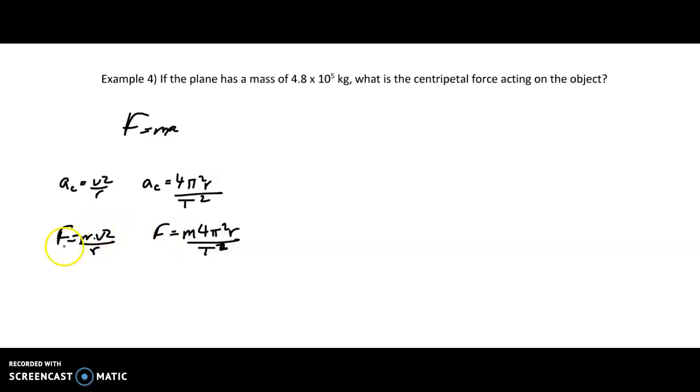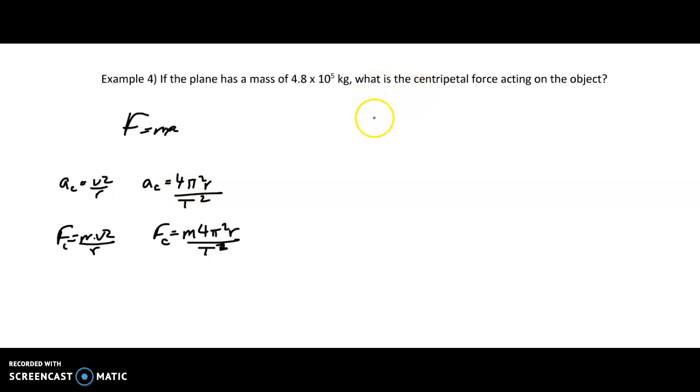Now, these centripetal force formulas are not found on the formula sheet. They can be found by taking Newton's second law, which is on a formula sheet, as well as these centripetal acceleration formulas, which also are on your formula sheet.